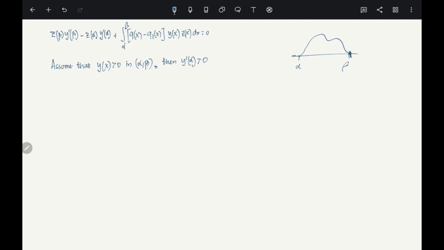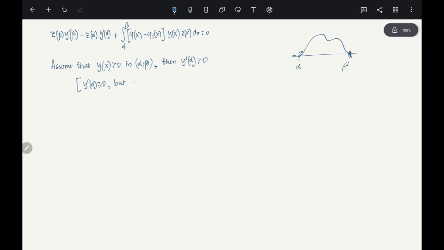Okay, why? So what I want you to do is this. You do realize that it has to be increasing, right? So y prime at the point alpha should be greater than or equal to 0. See, it is increasing, it can be greater than or equal to 0. But that is not the case. y prime of alpha has to be strictly greater than 0.